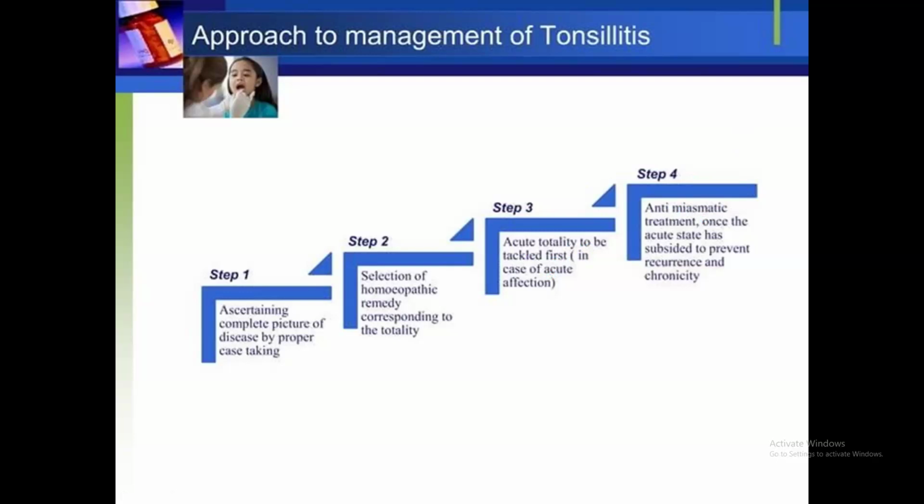What is the basic miasm of that patient or that child? So we give our medicine, which is anti-miasmatic treatment, once the acute state has subsided to prevent recurrence and chronicity. After giving anti-miasmatic treatment, there are 100% chances of getting a complete cure. That is purely based upon the homeopathic way of treatment or homeopathic way of medication.